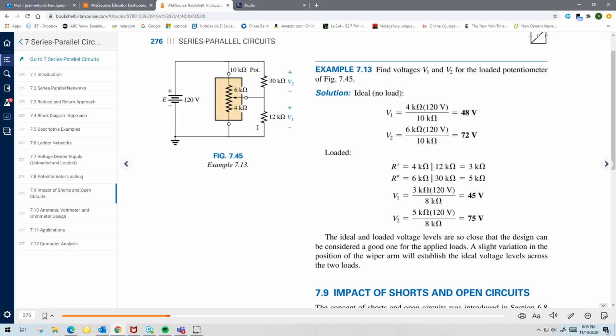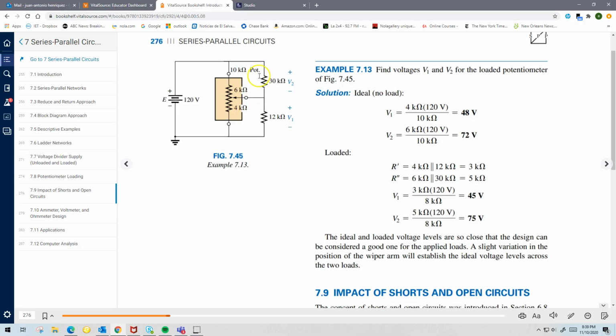You understand that point. And then you have two resistors attached in parallel to each of the legs of the potentiometer. So V1 is going to be equal to the voltage across. But first, let's assume that there's no load. Assume that we don't have those 30K and 12K attached to the pot, and let's just look at what kind of voltages we will get across the pot itself.